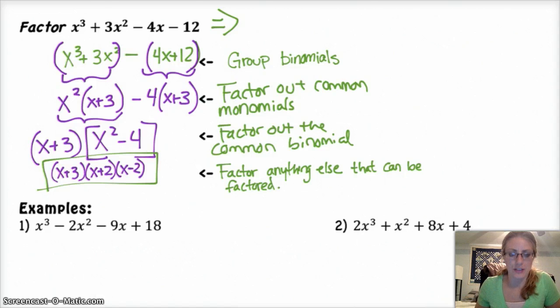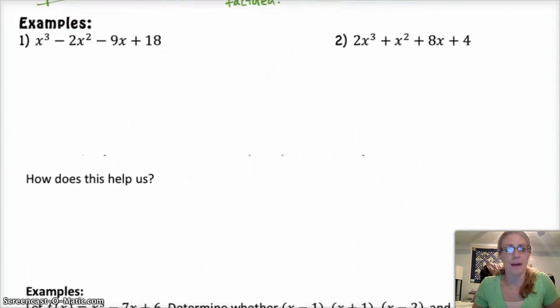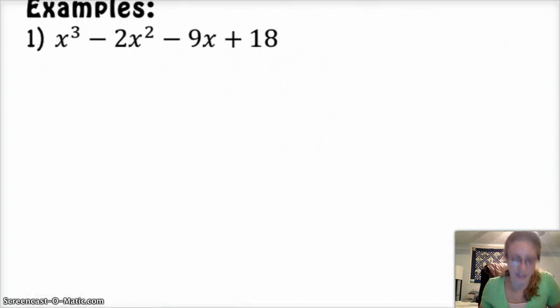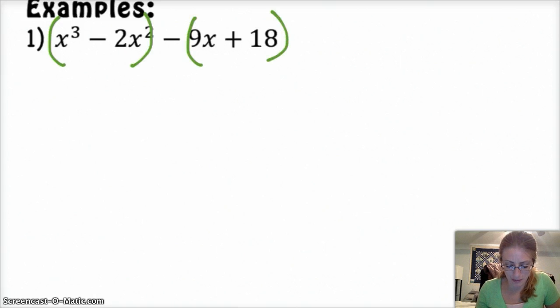All right, we got two examples here. I recommend trying it on your own first, and then checking the solutions. This one, I'm going to group my first two terms and then my last two terms, but remember, since I'm pulling that negative out, that becomes a minus 18 on the inside. From my first one, I can pull out an x squared, and what I'm left with is an x minus 2.